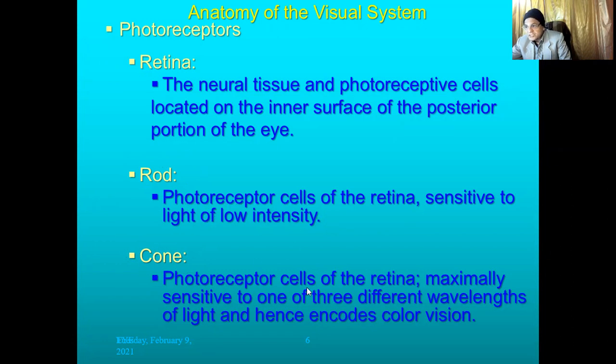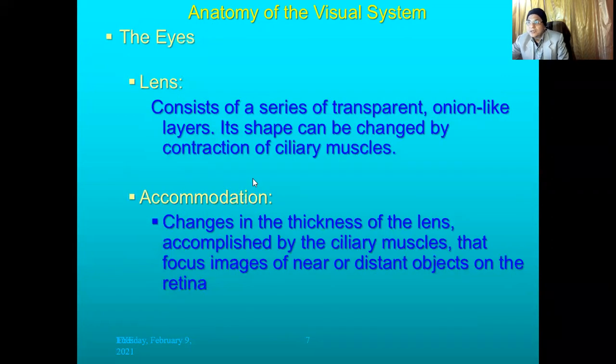Cones are photoreceptor cells of the retina maximally sensitive to one of three different wavelengths of light and hence encode color vision. So you see the coding and decoding, that is digital electronics, already inbuilt in our eye in the form of the rod and cone structure. We will see the clear structure of rod and cone just after a few minutes.